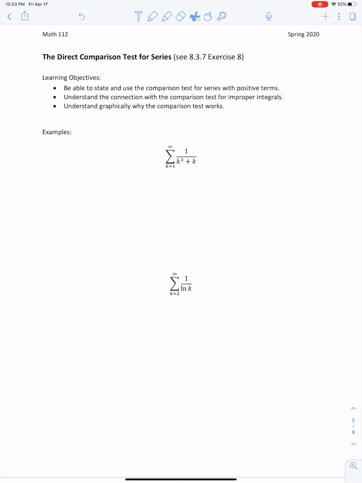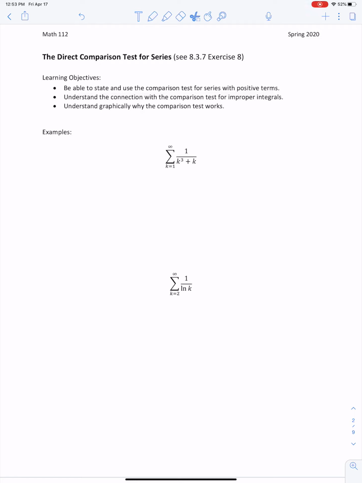So today we'll be talking about different tests: the direct comparison test, the limit comparison test, and the ratio test. So I guess that's 3 different tests here.